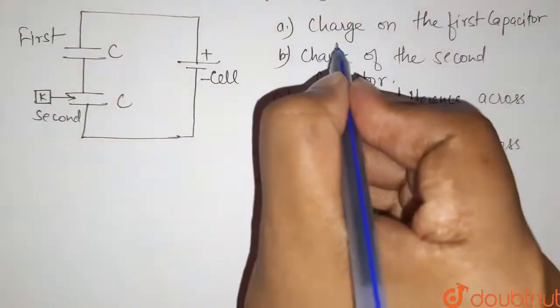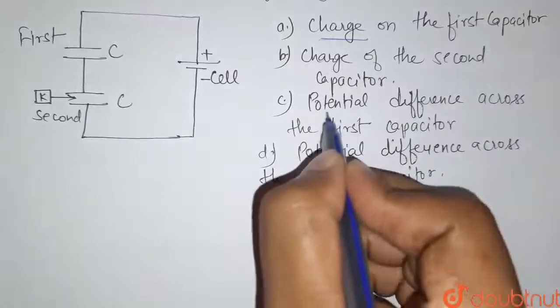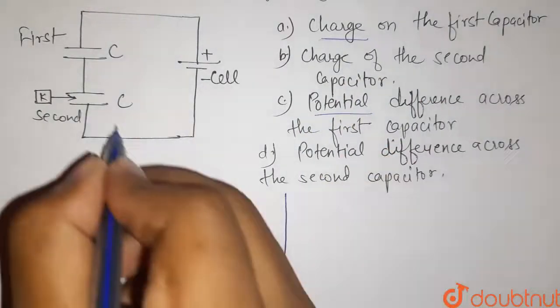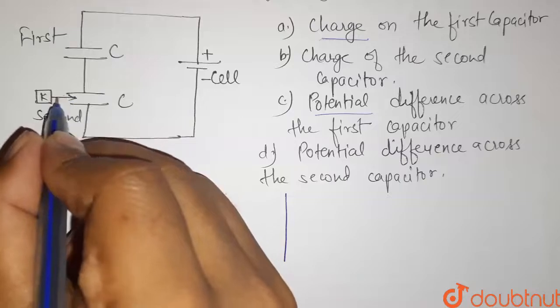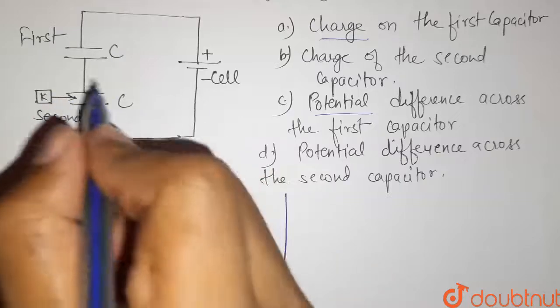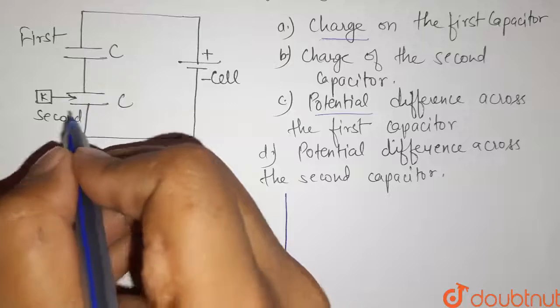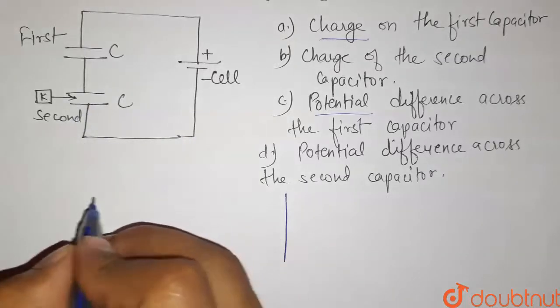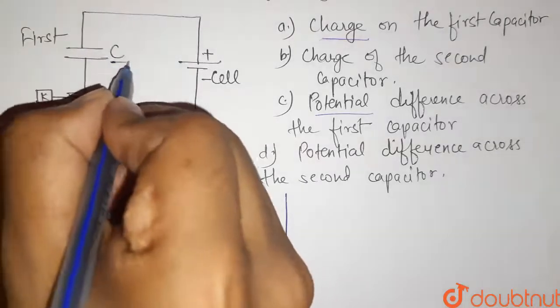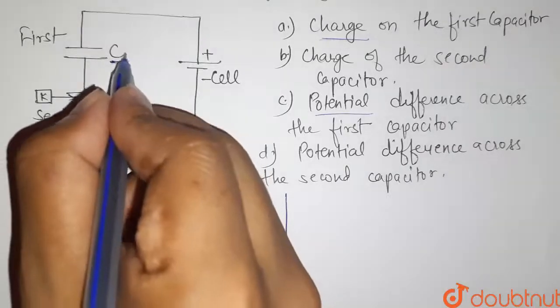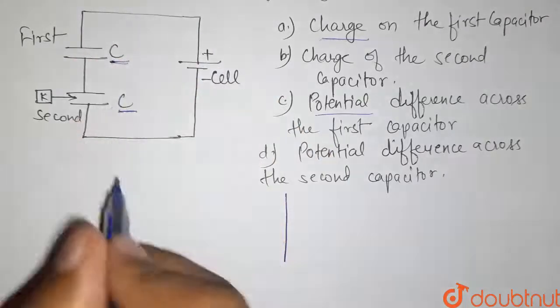So these options are about charge and potential. We will take two cases: the initial case when there is no dielectric slab, and the second case when the dielectric slab is inserted in this capacitor. In the first case we have two identical capacitors of capacitance C and C, connected in series.